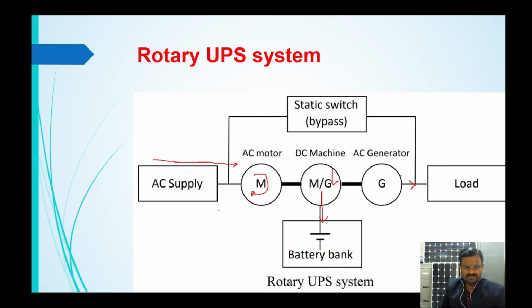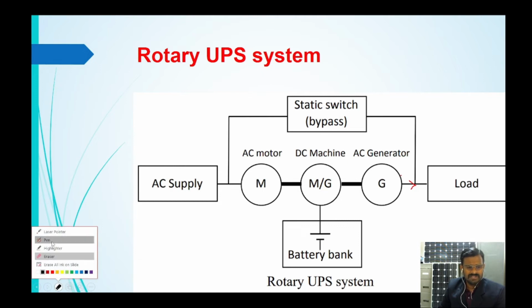And in case the utility supply is not available, when the utility supply is off, that time the process goes in a different way. Now here the motor goes off, the power is not available here. So from here the battery is going to feed the energy to the motor generator set.